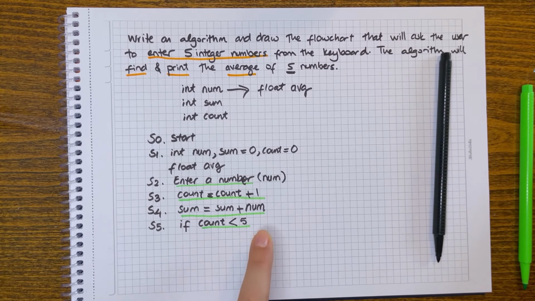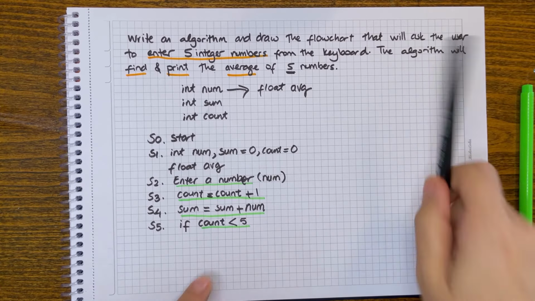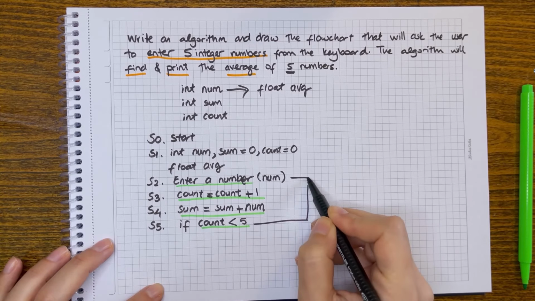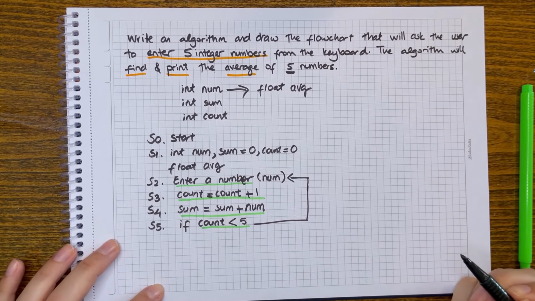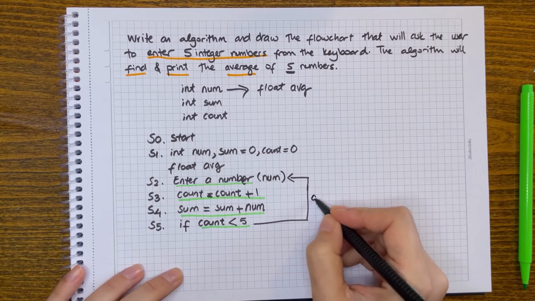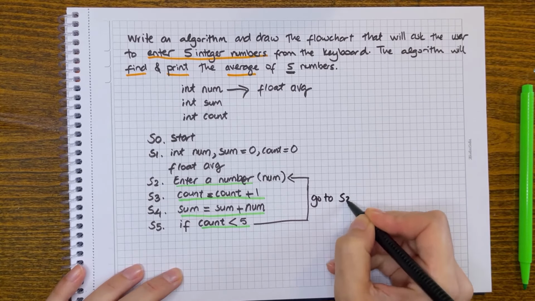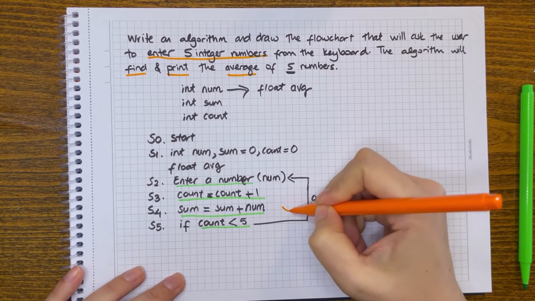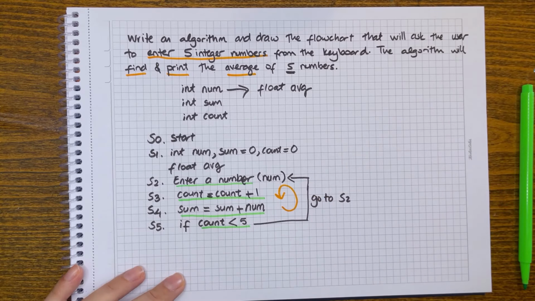If the user enters less than 5 numbers, we need to repeat the steps. So we need to go to step number 2 to repeat all the statements. So there is a loop in here, a looping process.